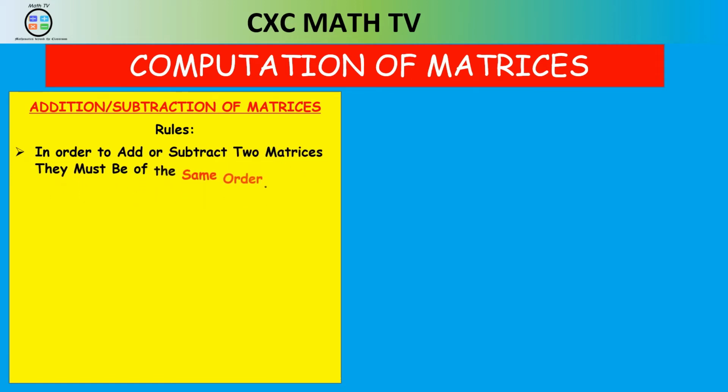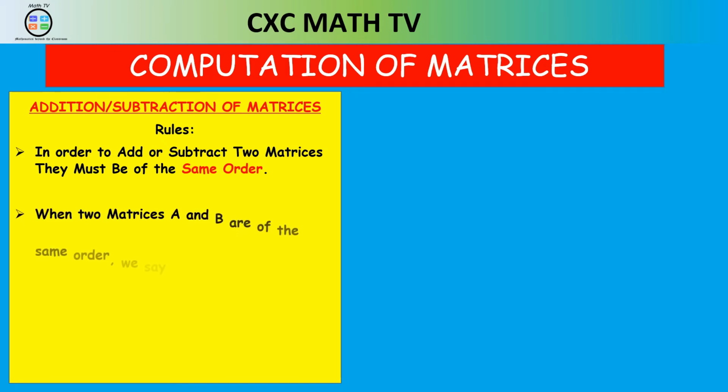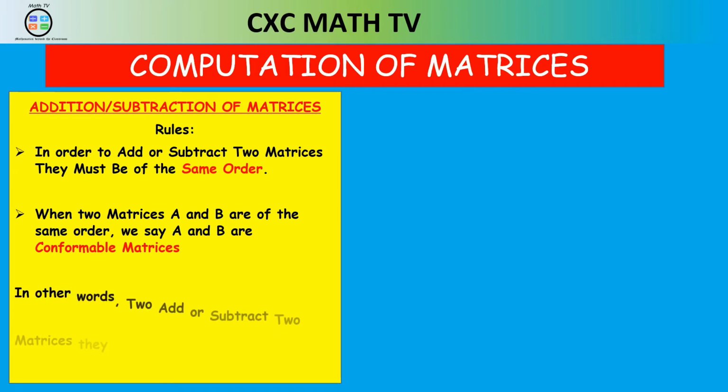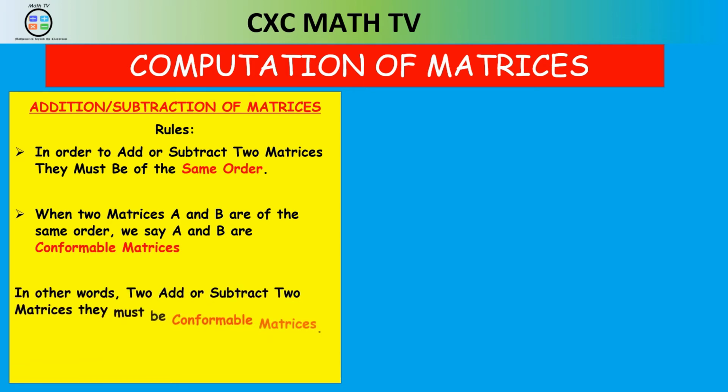Now when two matrices A and B are of the same order, we call these conformable matrices. So in other words, to add or subtract two matrices, they must be conformable matrices. Finally, to add or subtract two conformable matrices, we add or subtract their corresponding elements.